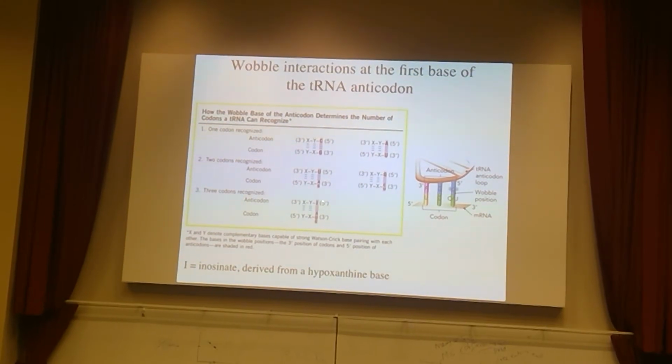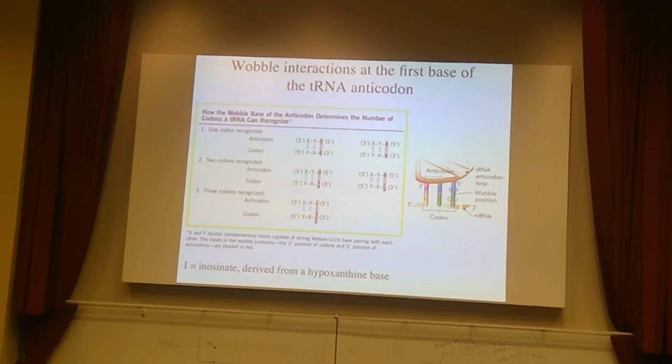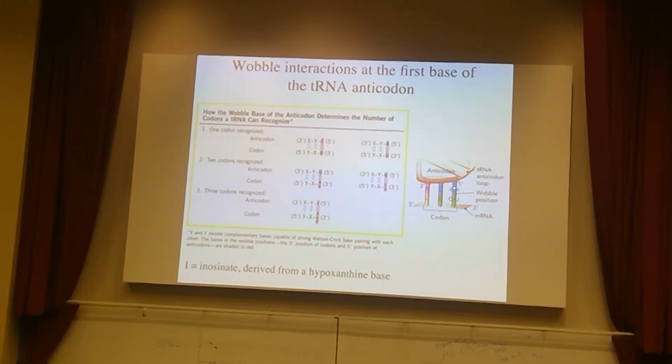And here's some examples of that. Here's a nice illustration from your textbook showing a wobble interaction between a codon and the anticodon loop on a tRNA. Again, exact Watson-Crick base pair at the first 2 positions, but here we can have in the codon either a C or a U, and in both cases it's going to be read by a G that's present in the anticodon of the tRNA.